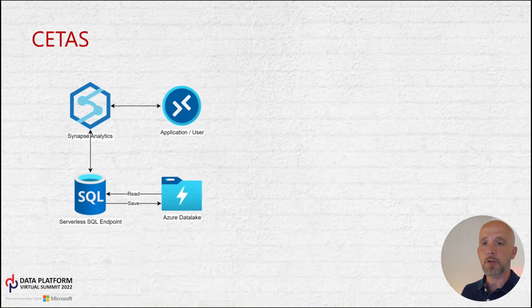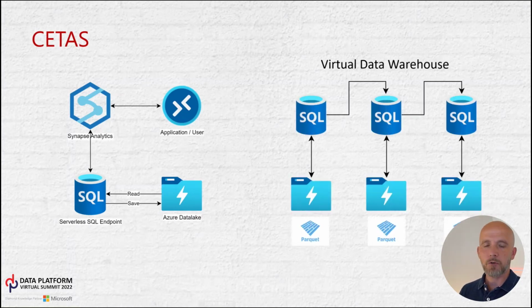The usage scenario here is, perhaps you already guessed it, to create a virtual data warehouse. What you have just seen in this session until now is building up to give you the tools to build a virtual data warehouse based on the serverless endpoint and the Azure Data Lake storage. So, the virtual data warehouse, however many layers you want in your data warehouse, you can build a fully functional virtual data warehouse based on Azure Synapse with the views from the data lake and the CTAS.